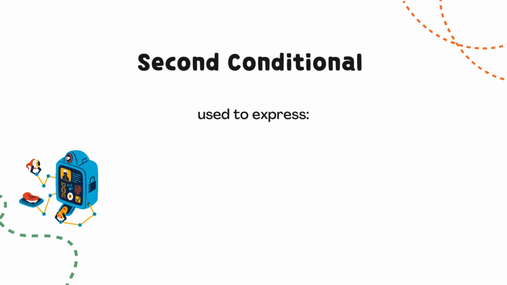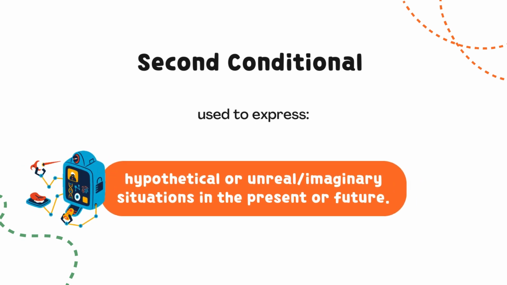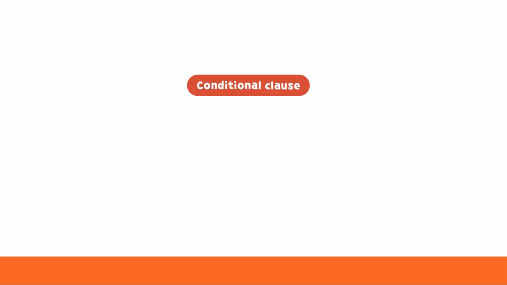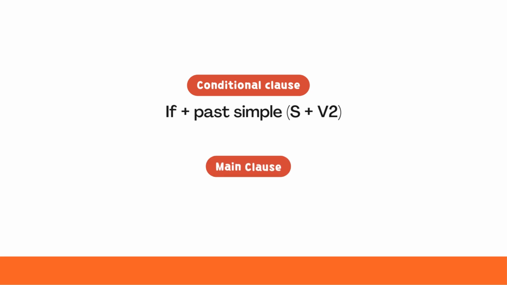Moving on to type 2 or second conditional. This type is used for hypothetical or imaginary situations in the present or future. The structure of this type, for the conditional clause, we use if plus the past simple, and for the main clause, subject plus would plus infinitive. Let's see the example here.